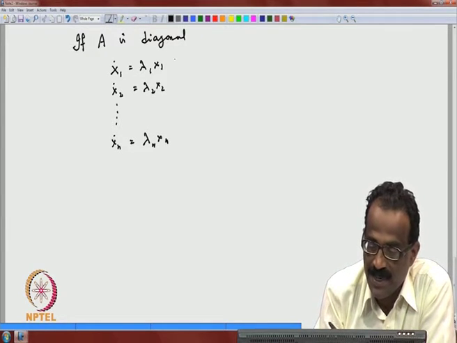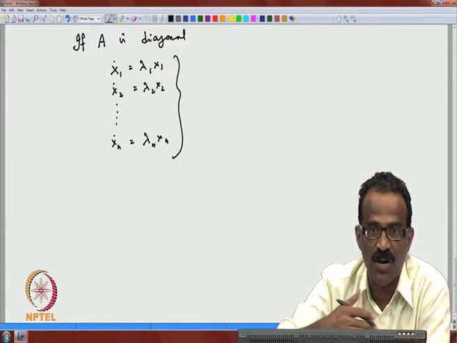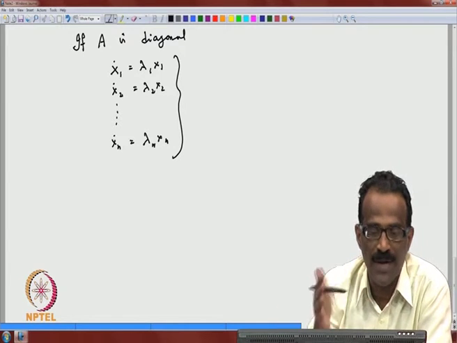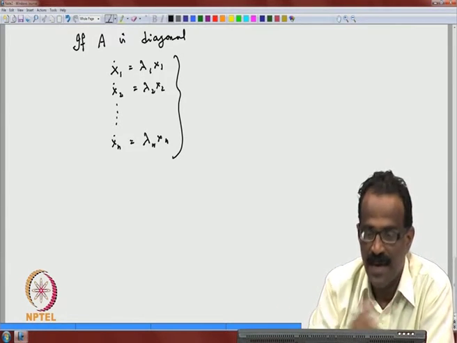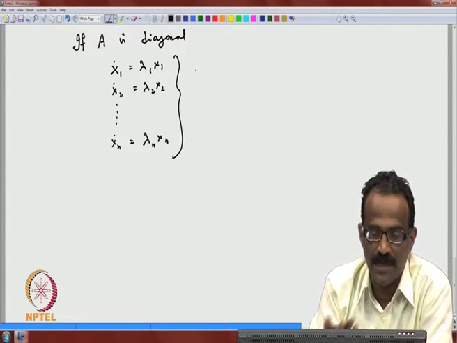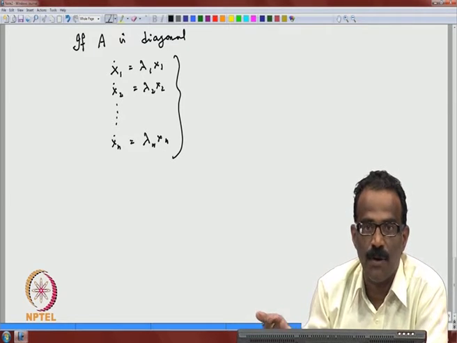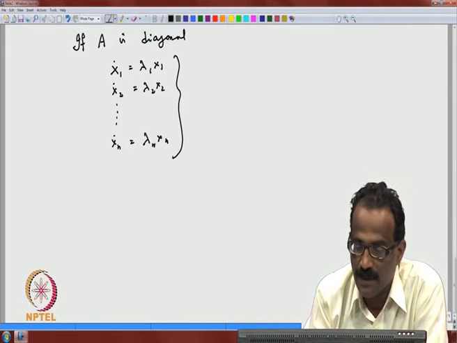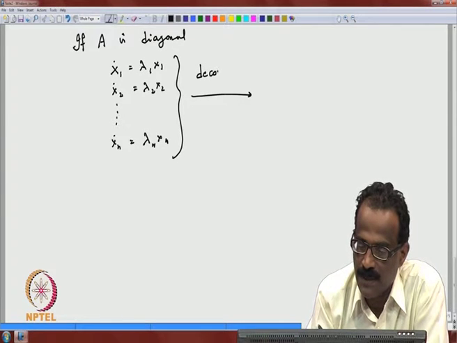So, it is a decoupled system. There is no interaction or coupling between the variables. None of the variables interacts with the others, and each one is a simple equation. Since x2 through xn do not come into the picture, this is a decoupled system.